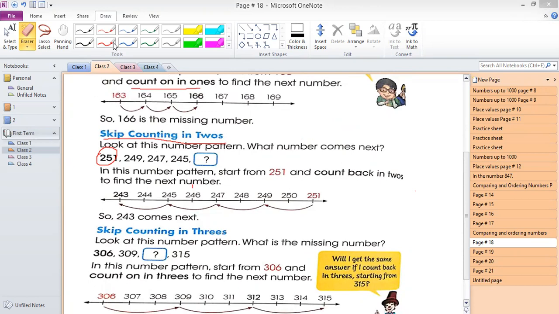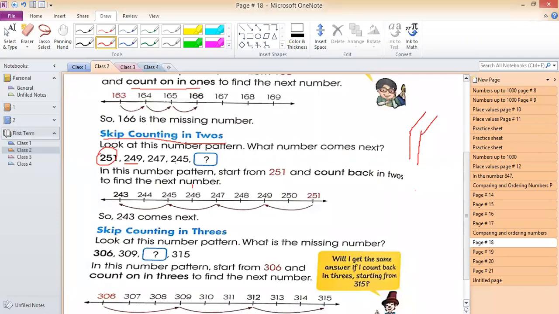So before 251, you check, this is 250. Before 250, this is 249. So you are counting back in twos. Again, 248, 247.